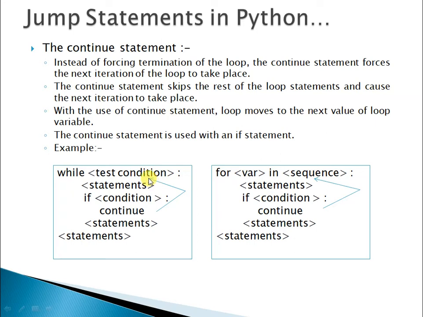You will not break out, you will move to the next iteration. Similarly, in for, if you find a condition and you write continue, it will go to the next iteration of the loop. Clear? So this is the difference between break and continue.